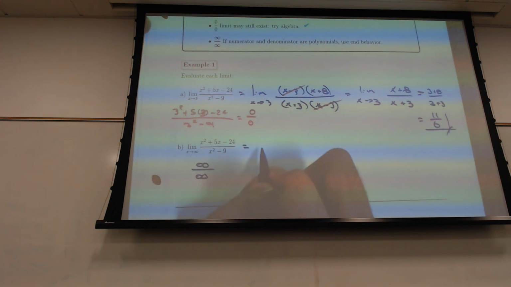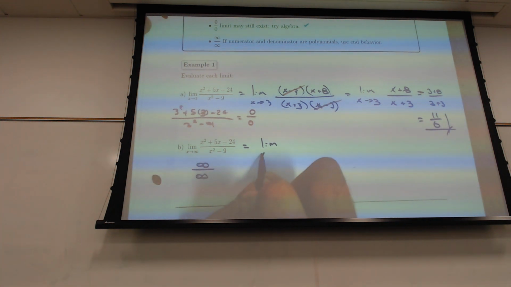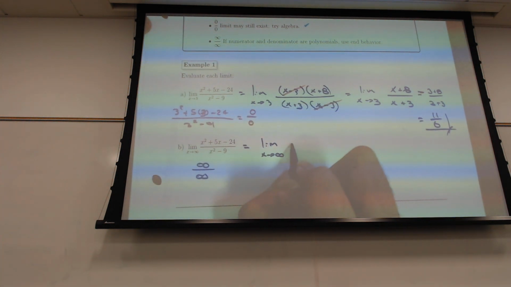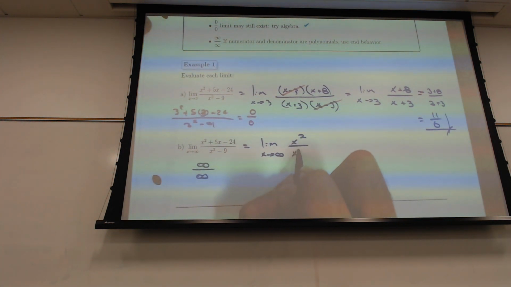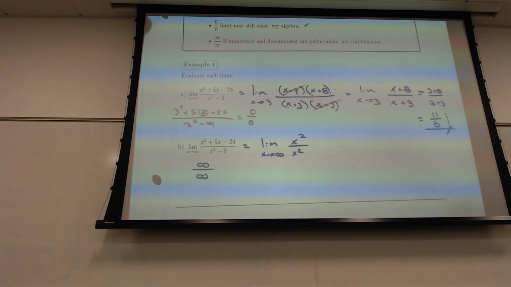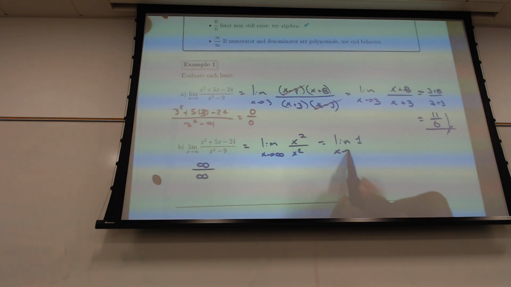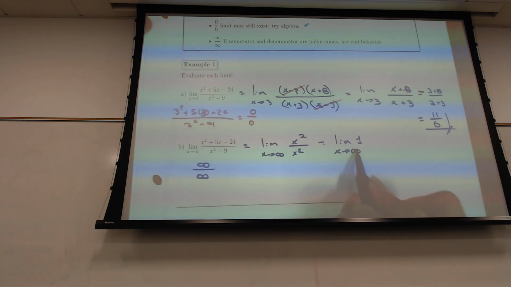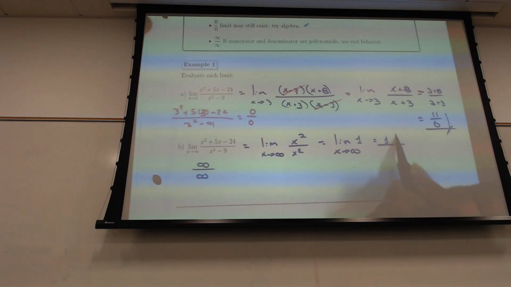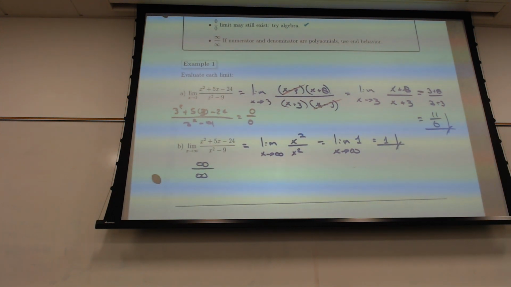So all we can do is simply limit as x approaches infinity of x squared over x squared. Only focus on the leading terms. But what's x squared over x squared? 1. That's simply 1. What's the limit of 1 as x approaches infinity? 1. All right? So that's an example of a limit here. Questions about this one?